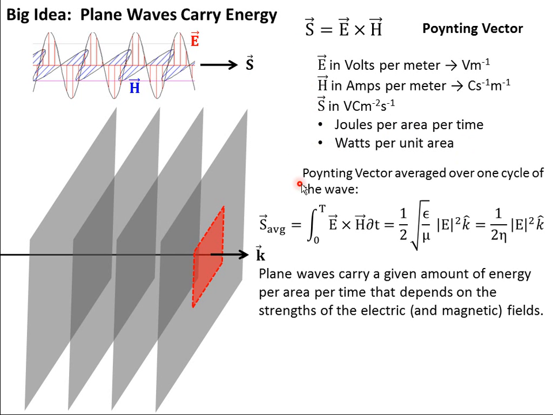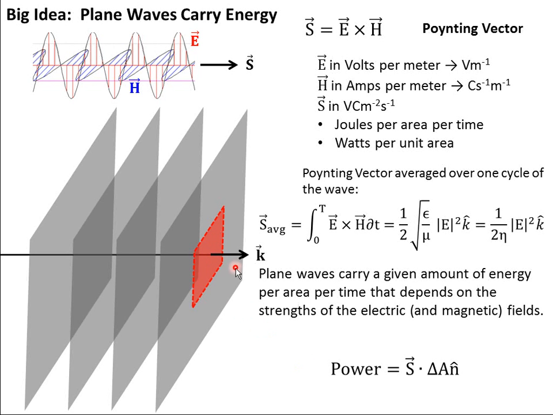It turns out that if you really want to calculate the average power, which is a more useful thing to do, you have to basically integrate the Poynting vector over one cycle of the wave, and essentially you come up with an equation that looks like this. And so essentially you can relate the intensity, the power per unit area, to the strength of the electric field using this equation right here, and the result of this is that plane waves carry a given amount of energy per area per time that depends on the strengths of the electric and magnetic fields.